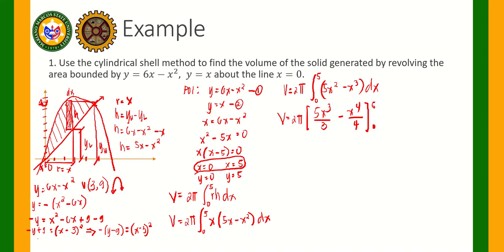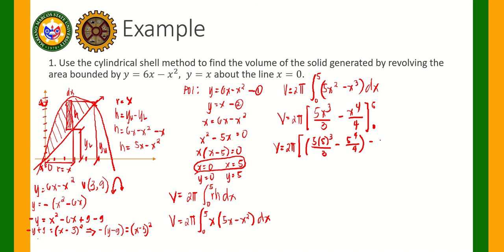Okay? So, sa upper limit tayo, this is equal to 2 pi times 5 times 5 cubed over 3 minus 5 raised to 4 over 4, and yung lower limit natin will be equal to 0 since yung x natin is multiplied to the numerical coefficients.